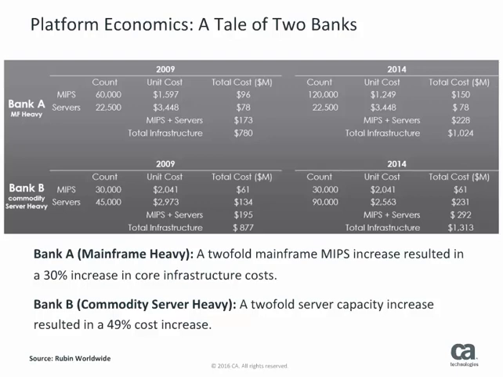A major conclusion from this study is that companies within similar vertical industries who had a higher number of MIPS or a mainframe computational bias compared to their peers ultimately had lower total infrastructure costs across all platforms than peers who exhibited a distributed server bias. Just as in 2012, the 2015 results reinforce his previous conclusion that the mainframe-centric company has significantly lower infrastructure costs.